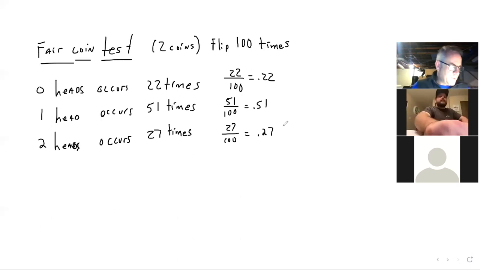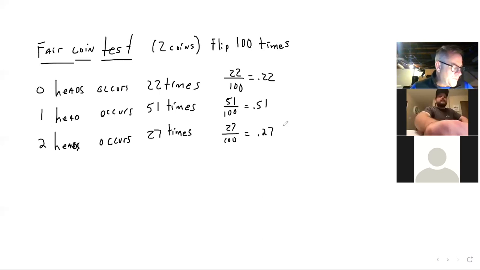All right. Now, question. If I compare these, do I have reason to suspect that somehow these coins are unfair? Remember, suppose they're equally balanced, an equal probability of obtaining a head or a tail.